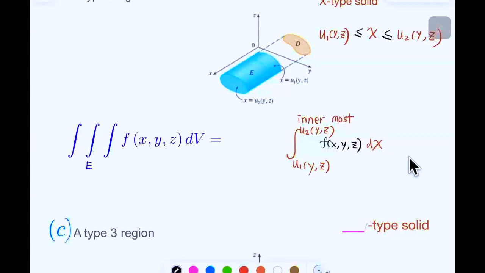Now what about after you've done this? Then it depends on what this region is when you project that onto a plane. If it's an X-type solid, you project to which plane? The YZ plane. Take away the x, you have yz. So you project to the YZ plane, you get this region D. And depending on whether this region D is type 1 or type 2, you have different setups. But for now, we don't know if it's type 1 or type 2.